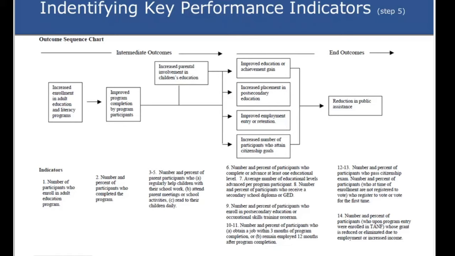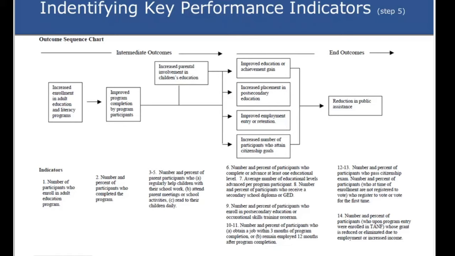This indicator here is an output indicator, so increased enrollment in the adult education and literacy program is the output, the goal, and then the indicator of that would be the number of participants that are enrolled in the adult education program. Obviously, you'd be wanting to see increases in that. So the output you want to reach and the indicator that you are reaching it.